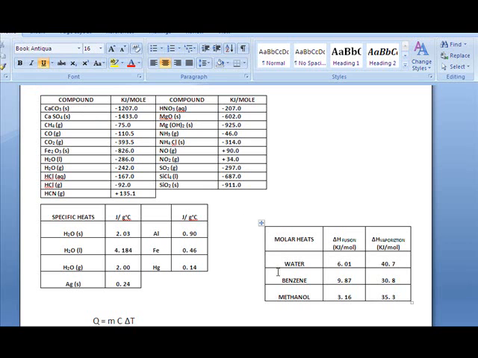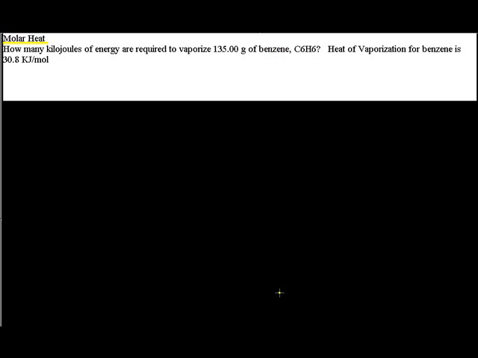So we're looking for the heat of vaporization for benzene, and therefore we're going to take a look at this table here, which is molar heat. What we're going to notice is that the molar heat for benzene, when we're vaporizing it or turning it into a gas, is 30.8. And so that is where we get the value that we're going to work with.